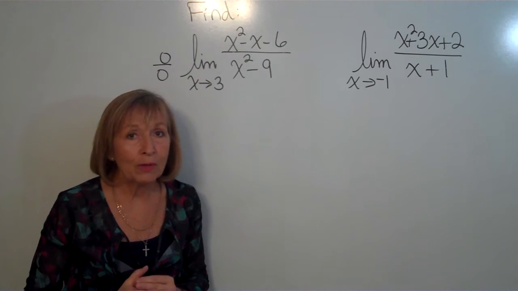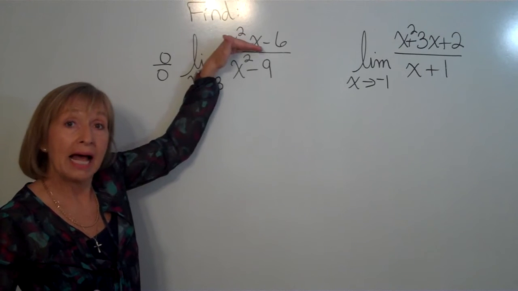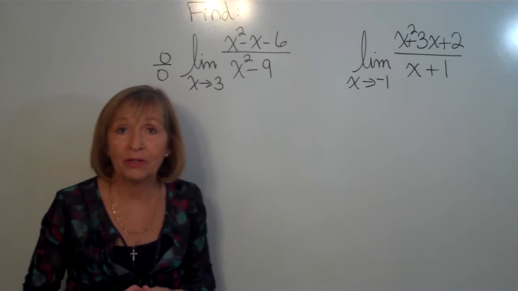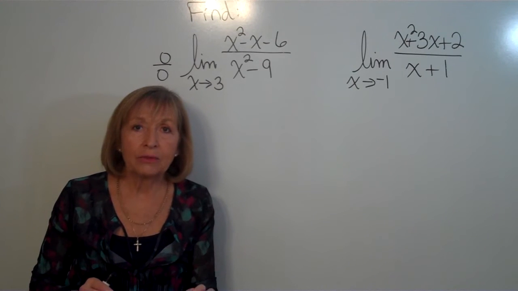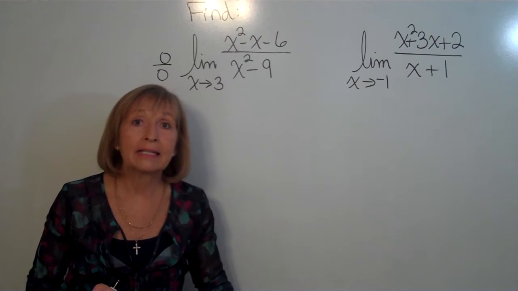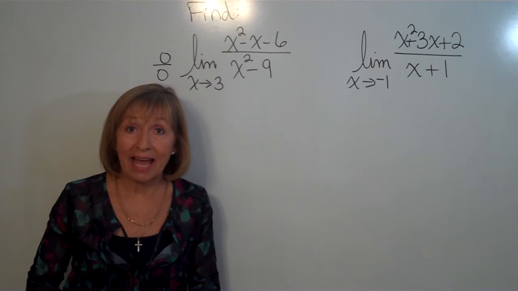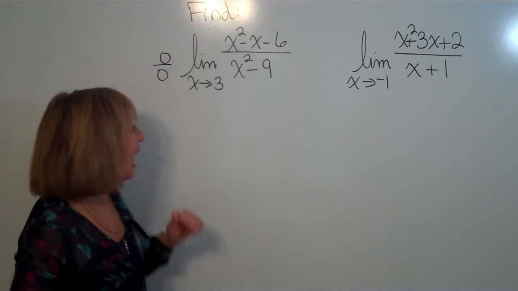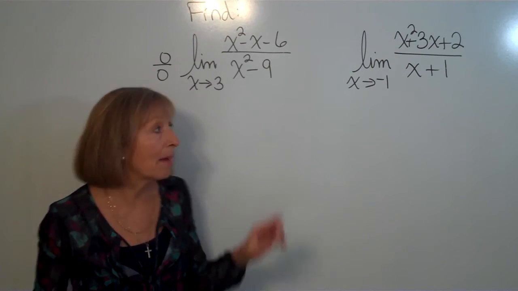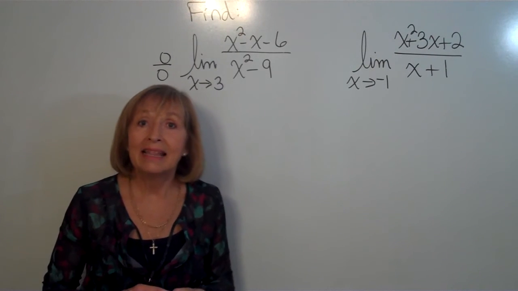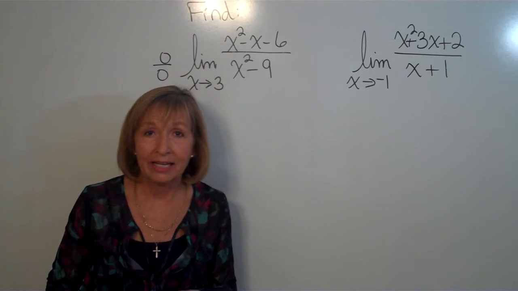Now when I have a 0 in the denominator as well as in the numerator, and it's a polynomial divided by a polynomial, that's telling me that when I run a value through the x and I get a 0 out for the polynomial, x minus that number is a factor. And since that happened in both the top and the bottom, I have a common factor of x minus 3 that I can remove as a common factor pair.